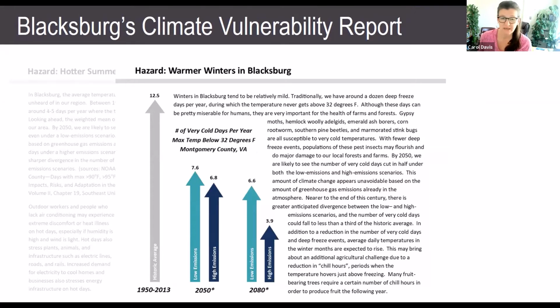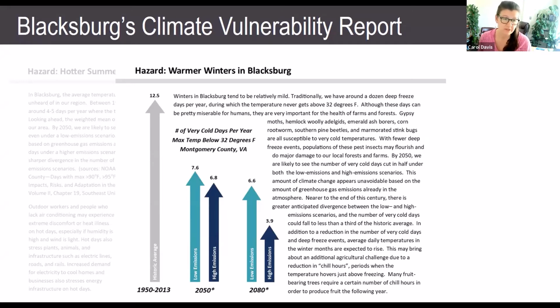Similarly, but perhaps not as dramatically, the impacts to winter. And maybe you don't like winter. I'm not a huge fan of winter and cold weather, but it serves a lot of purposes in our community. And so when we lose those cold temperatures in winter, that has impacts for public health, agriculture, forest, ecosystems. Certain disease vector insects can thrive if there aren't a certain number of freeze hours or freeze days.